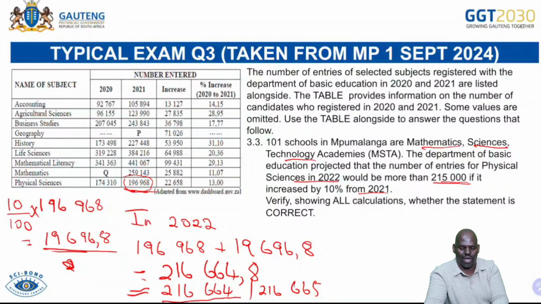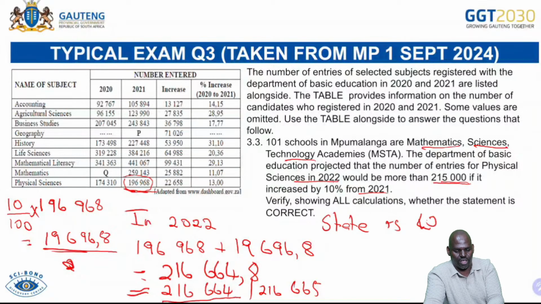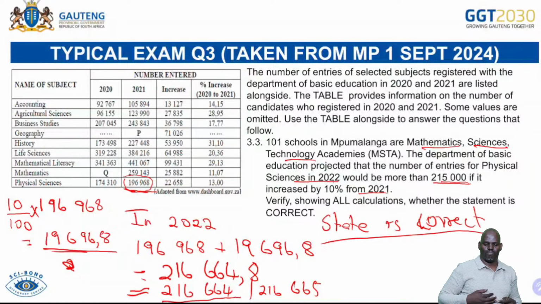Then it's very important that you indicate that the statement is valid. So the Department of Basic Education statement is correct, because indeed the number is more than 215,000.